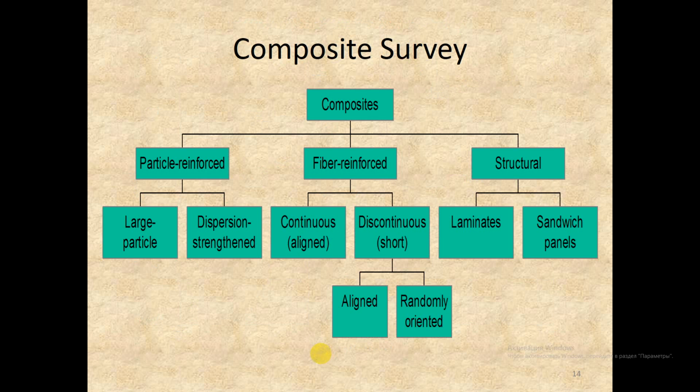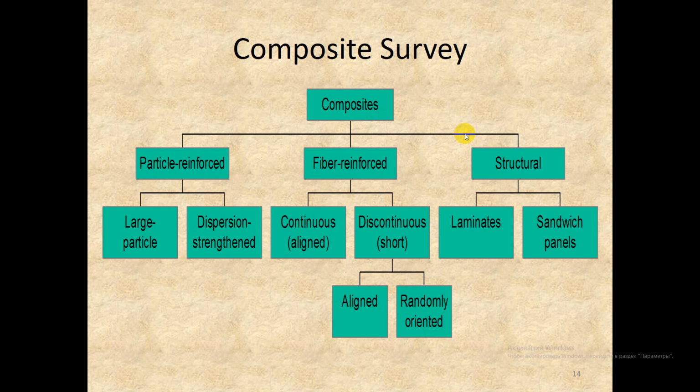Composite materials include many types. These are particle reinforced, which includes large particle and dispersion strengthening. Fiber reinforced polymer or fiber reinforced plastics can be continuous, aligned, or discontinuous, short, that can be aligned and randomly oriented.